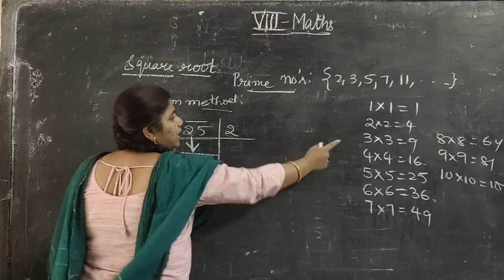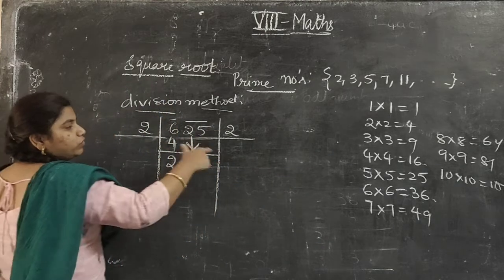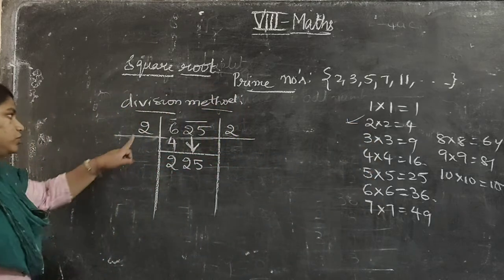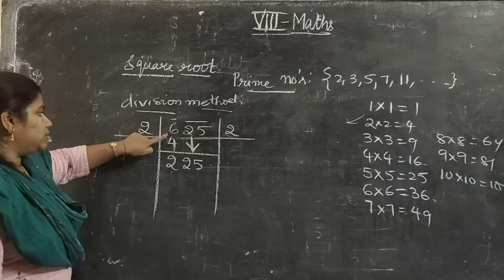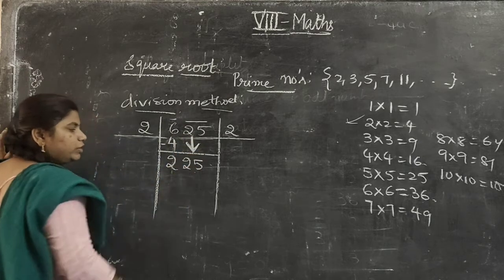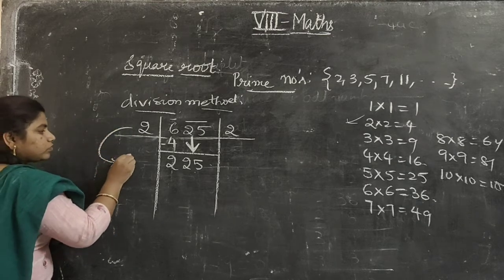Next 3, 3 3s are 9, which is more than 6. So we take 2, 2 2s are 4. 6 minus 4 is 2, and bring this whole pair down. It became 225.